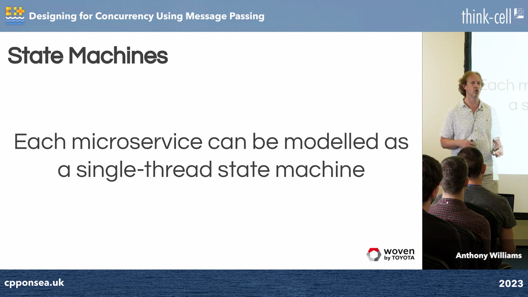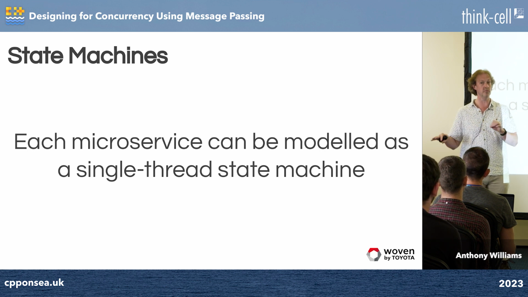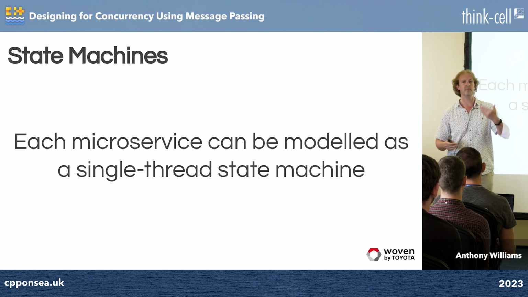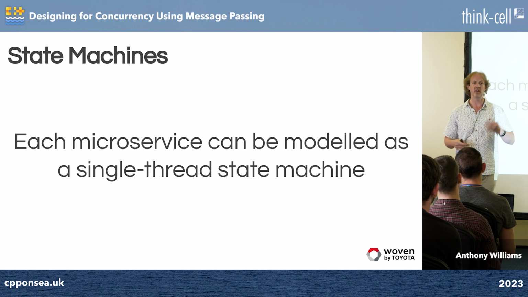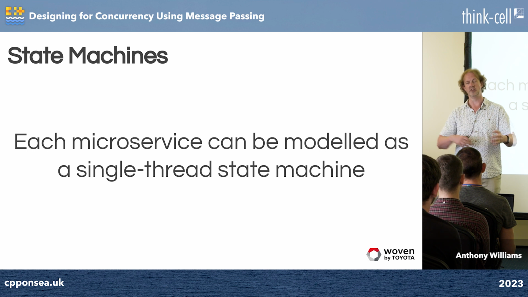If your microservice gets complicated, and if you divide things up, then lots of the time they won't be. They'll be fairly straightforward. I get a message, I do some processing, I send a response. Sorted. As they get more complicated, then you might need to keep track of complex state. I receive a message, I do some processing, I receive another message.